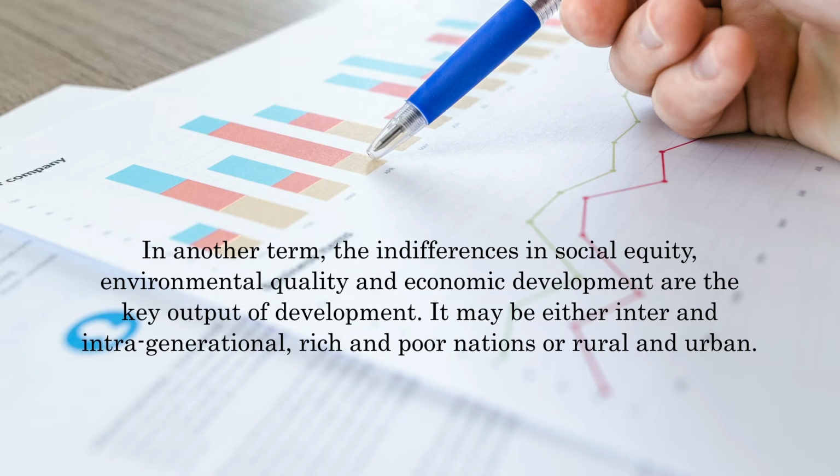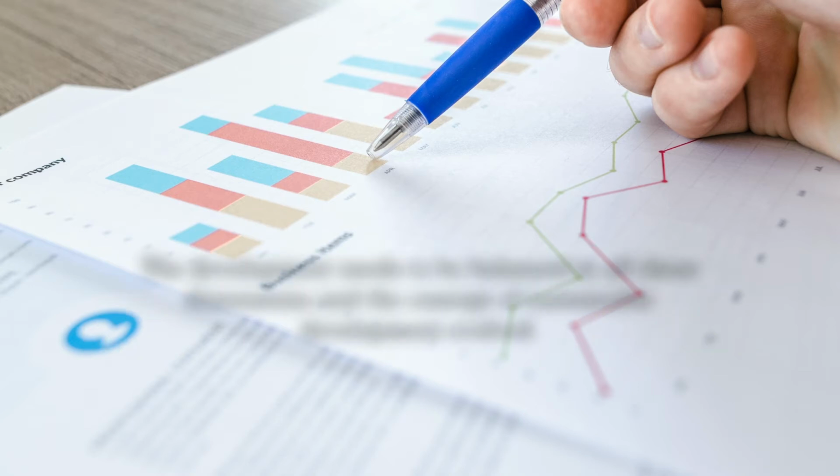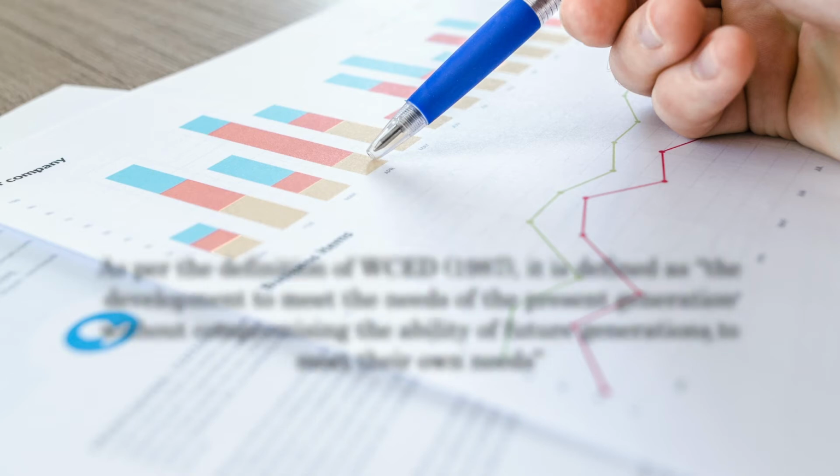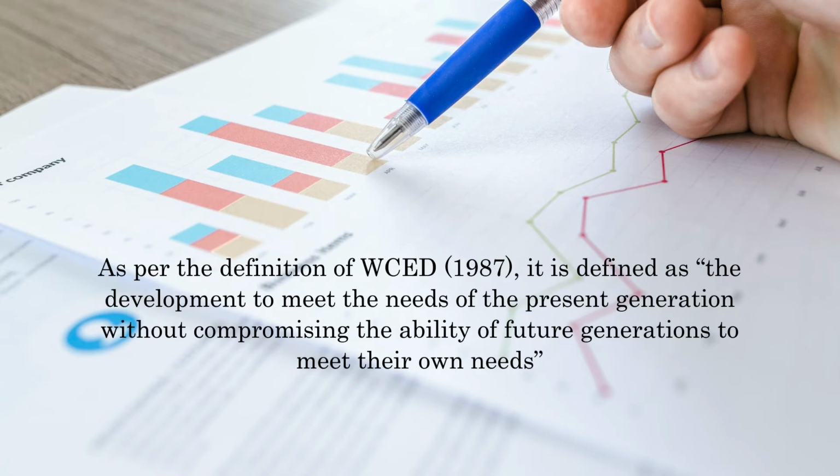It may be inter- and intra-generational, rich and poor nation, or rural and urban. Development needs to be balanced in all these dimensions, and in this way the concept of sustainable development evolved. As per the definition of the World Commission on Environment and Development, sustainable development is development that meets the needs of the present generation without compromising the ability of future generations to meet their own needs.